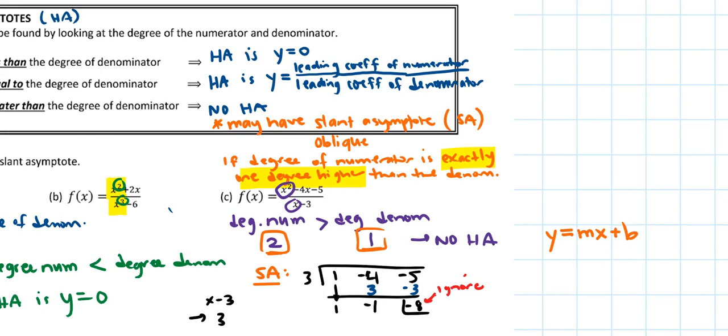And that mx plus b part, the most important part, is coming from the result of your synthetic division. So remember, if you divided x minus 3 into x squared, you drop the power down by 1. So our result of the division, we should have x minus 1. And so the mx plus b part becomes 1x minus 1. And of course, if you're writing the equation of your line, it'd be y equals x minus 1.